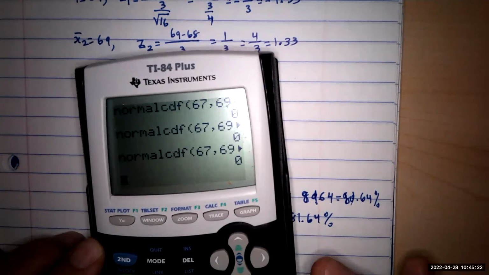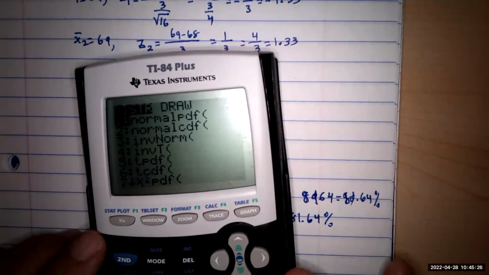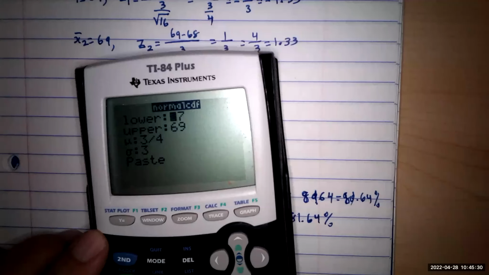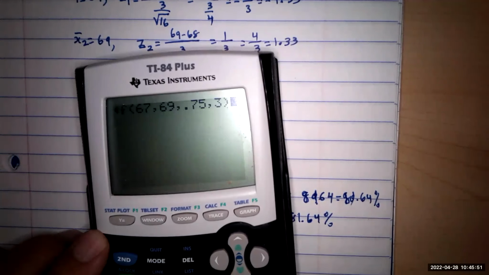So I change this one into 3/4. It should be 0.75. So the standard deviation of 3.